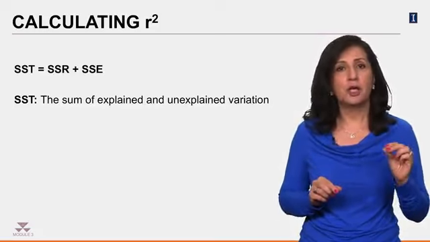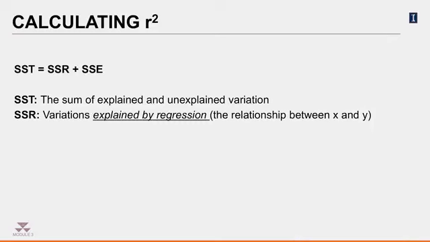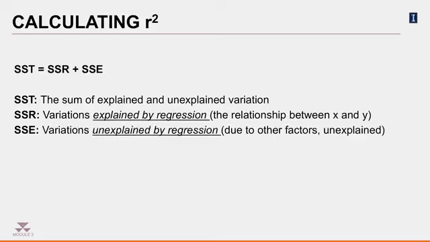SSR, which is sum of square due to regression variable, shows the variation that is explained by the regression model. And SSE is the sum of square due to error, which is the variation that is unexplained by the regression model we have. R squared, the simple coefficient of determination, is the ratio of the explained variations to the total variation.